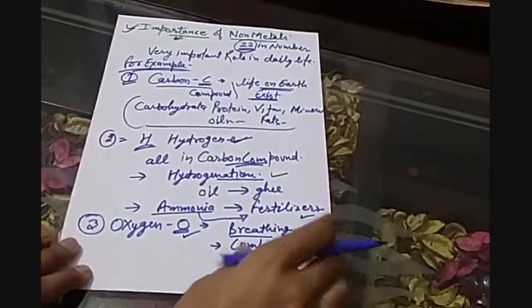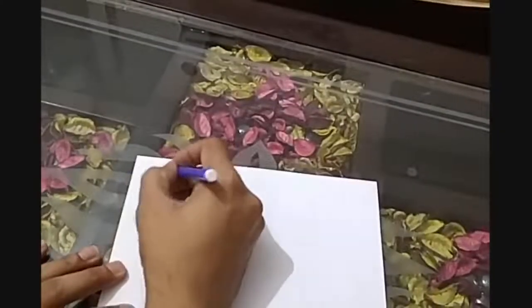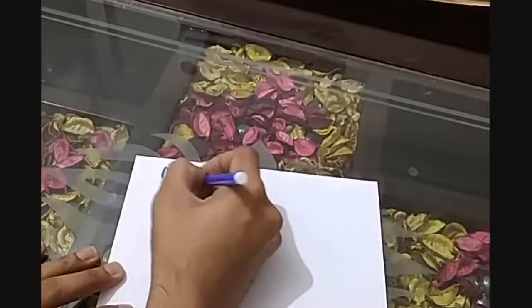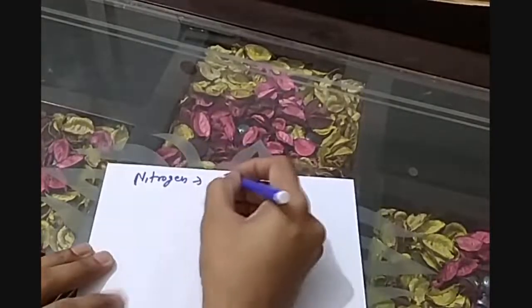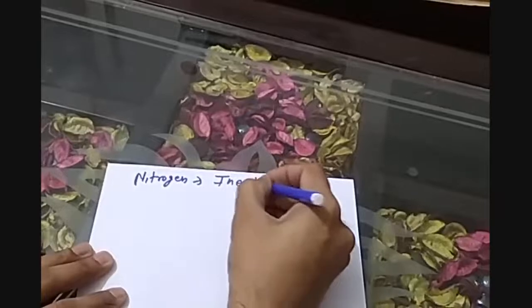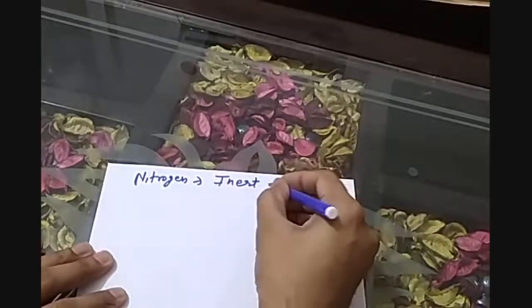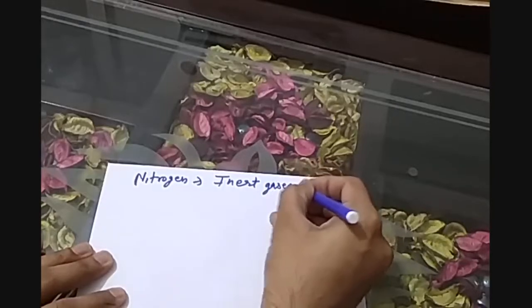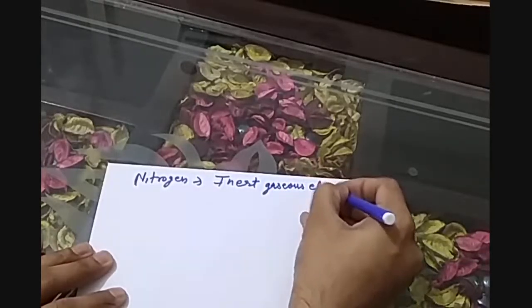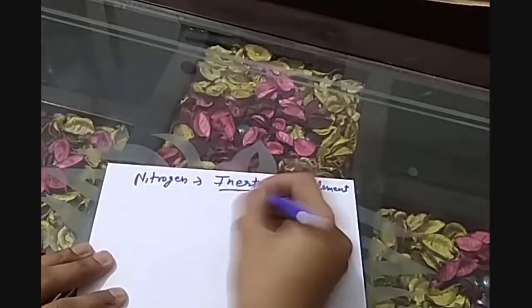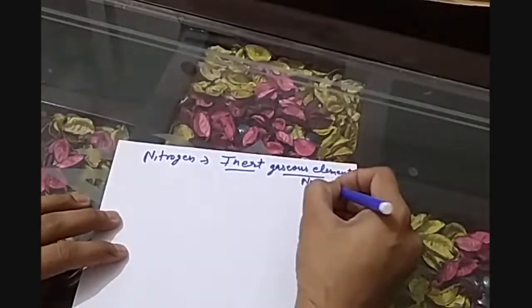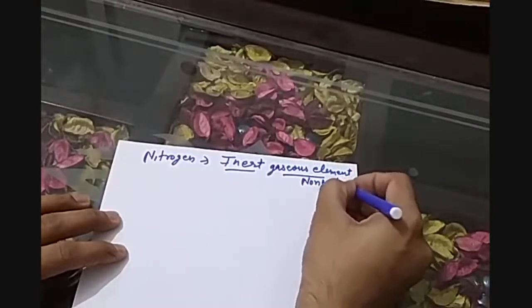Then next is nitrogen. Nitrogen is an inert gaseous element. Okay, not a noble gas, but it is also an inert gas. So नाइट्रोजन इनर्ट गैसियस नॉन मेटल, एलिमेंट तो है ही, बट इट इज नॉन मेटल.